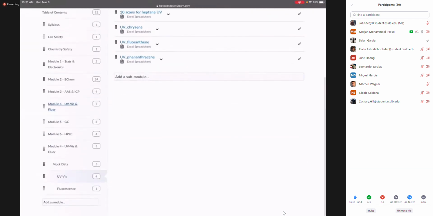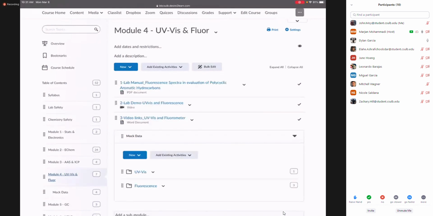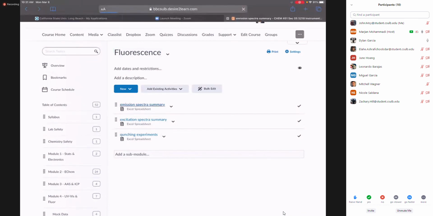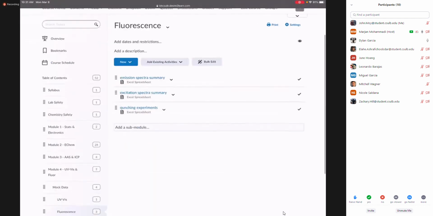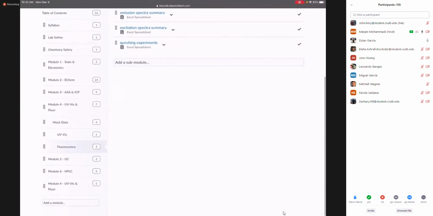Then for fluorescence, I have it right here. So you are going to have emission spectra. You are going to make a graph, excitation spectra, and you are going to have the quench. Treat it the same. But guys, as you can see right here, you don't see that blank part.